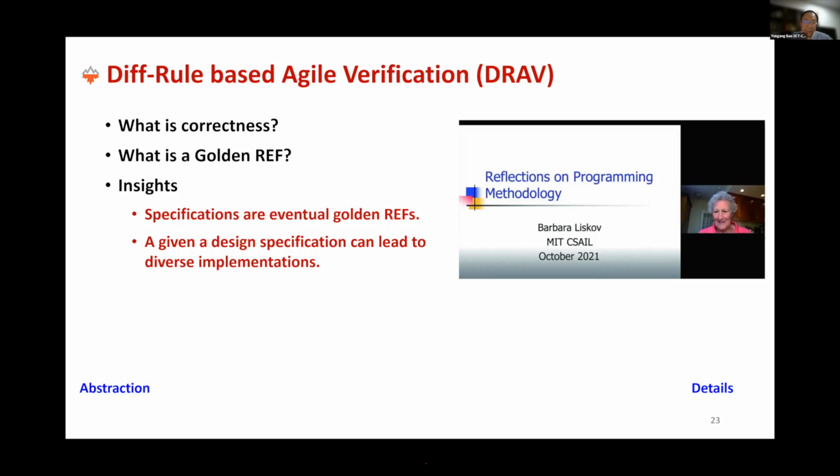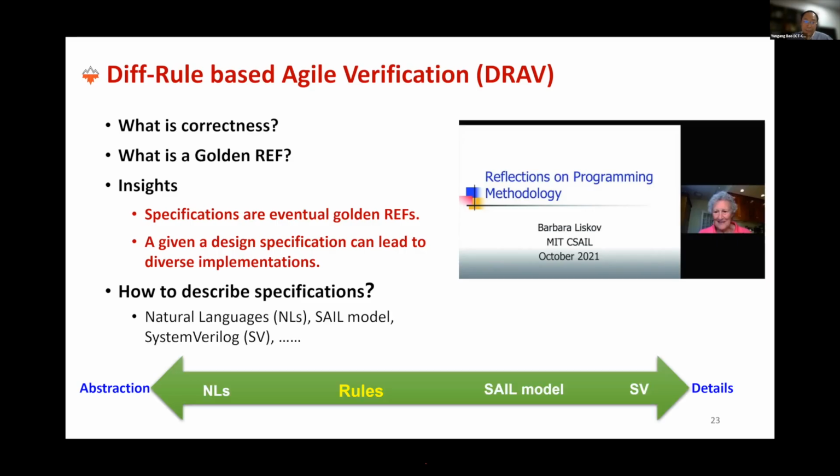For a given specification, there can be diverse implementations. But the next question is how to describe the specification and how to abstract diverse implementations into one specification. There are different ways. For example, we can use natural language to describe a specification.